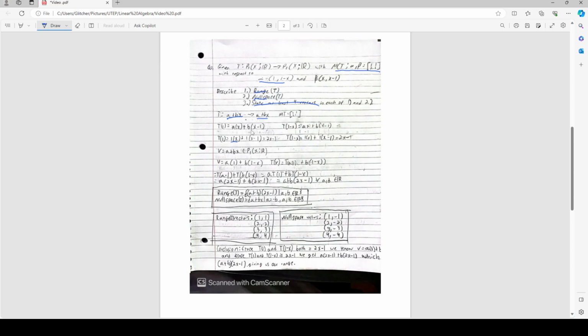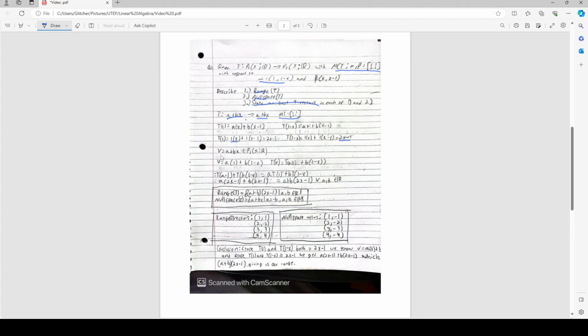Place the a and b with 1, 1 because that's what matrix MT gives, and we get 1 times x plus 1 times (x minus 1). And then for the transformation of 1 minus x, it's the same thing. We have 1 times x plus 1 times (x minus 1), and that's still minus x.